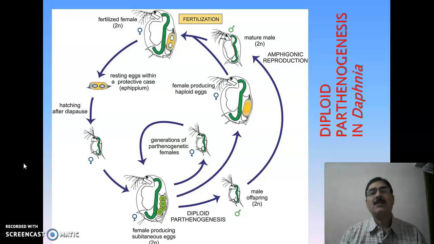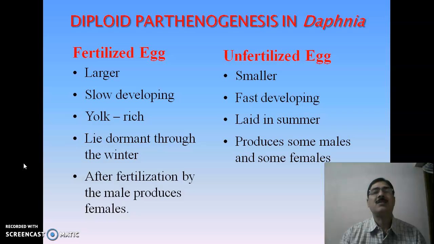The second case, there is formation of the female, and these females are responsible for forming the fertilized egg. And the third case, the development of parthenogenetic females. So there are three lineages in the case of the waterflea where clear-cut diploid parthenogenesis is present.